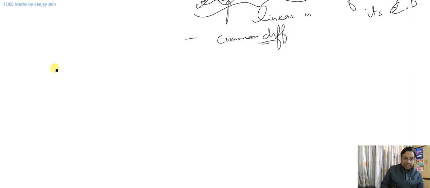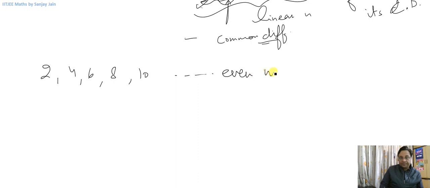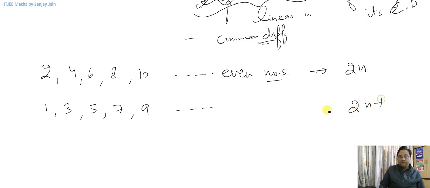For example, I wrote 2, 4, 6, 8, 10, right? This was a sequence of even numbers. As you can observe, its general term will be 2n, right? And when I wrote these odd numbers, its general term is 2n minus 1, right?